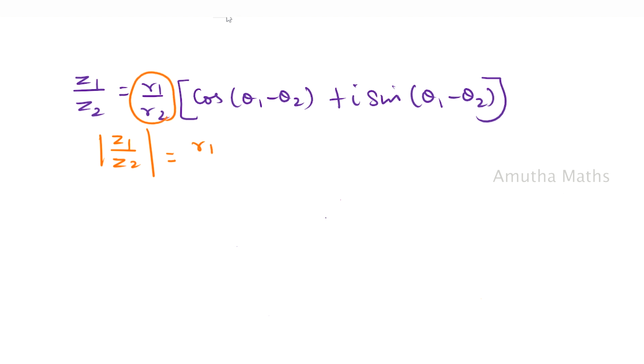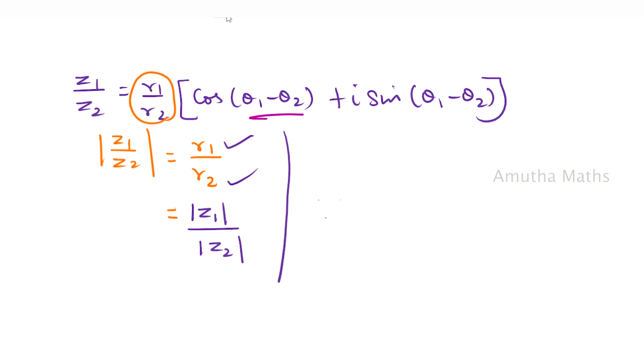That is R1 by R2, which is the modulus of Z1 divided by the modulus of Z2. Now what is this theta 1 minus theta 2? That is the argument of Z1 by Z2.